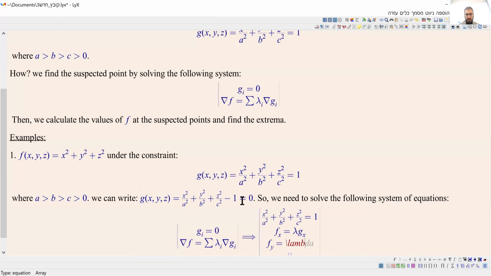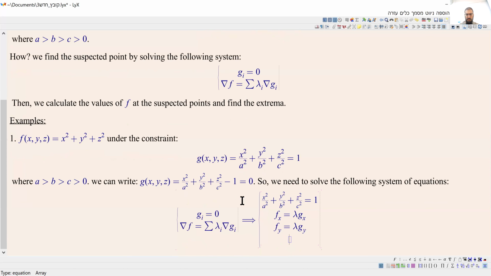Now there's only one g, so the derivatives of f are some multiplication by this mysterious lambda of the derivatives of g. Lambda is called the Lagrange multiplier. One can say it's an assisting variable. We don't really need to find it, but we do use it when solving the system of equations. It helps us find the x, y, z of the suspected points under the constraint.